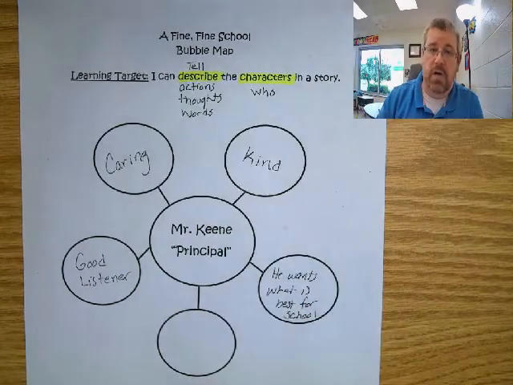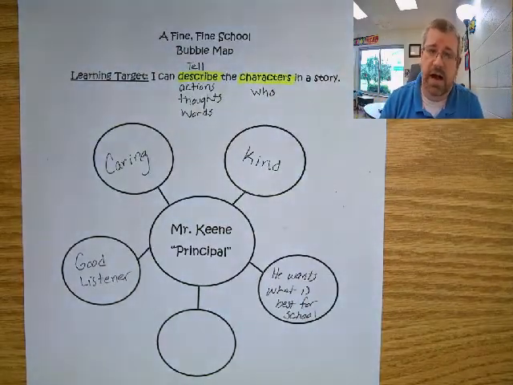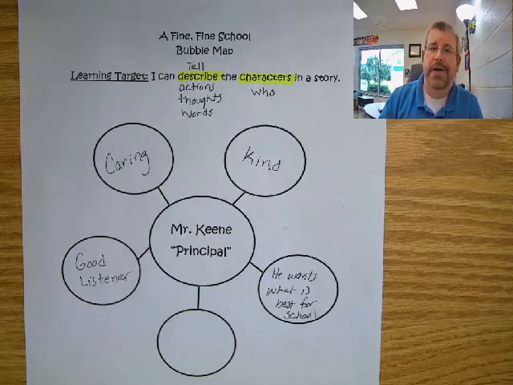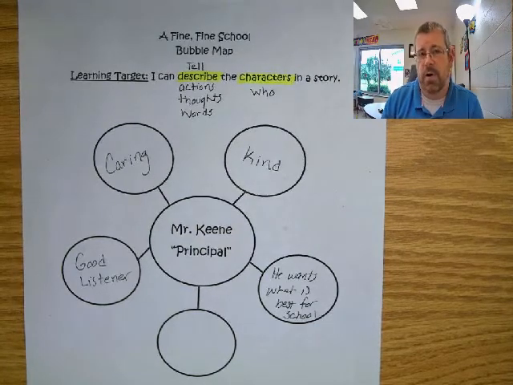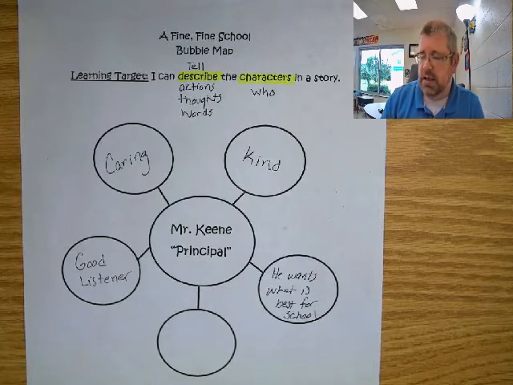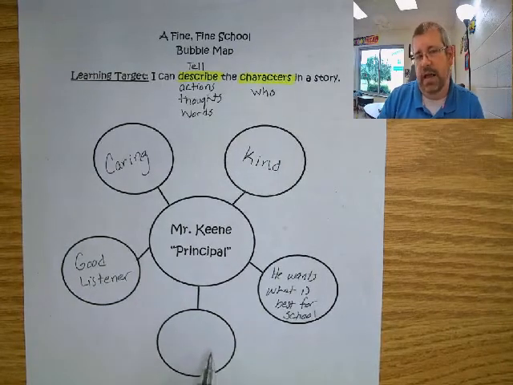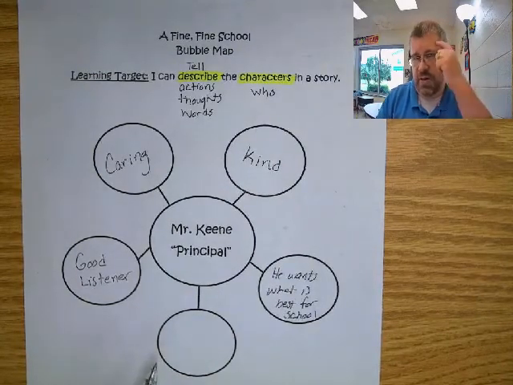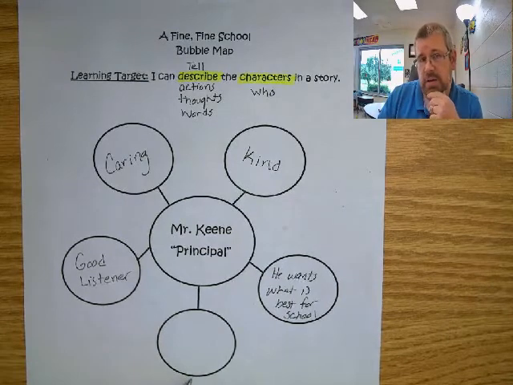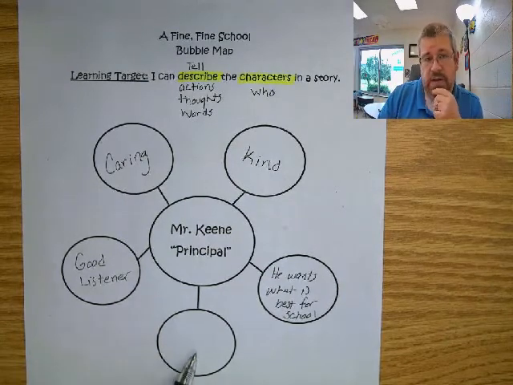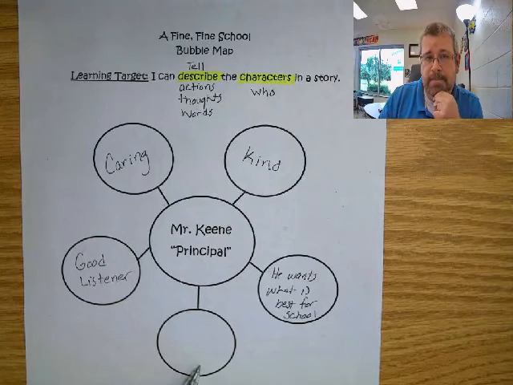And he thought that was having school all the time. Come to find out, that wasn't really what was best for everybody. So, I have one bubble down here empty. And I want you to think about something else about Mr. Keene that you could put right there.